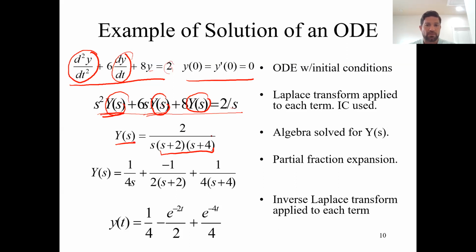Okay, but we can't go to the table and take the inverse Laplace of this whole function because it's not in the table. So what we need to do is break this apart into the individual terms.